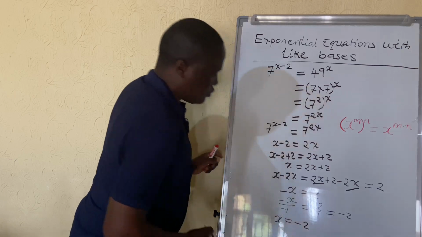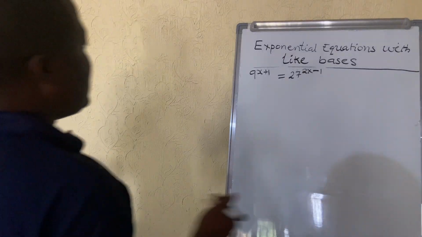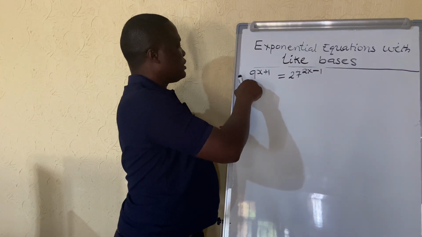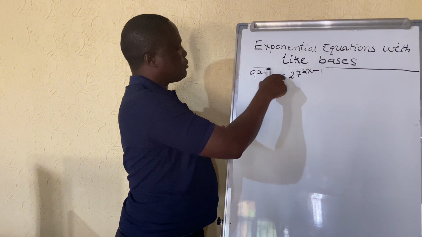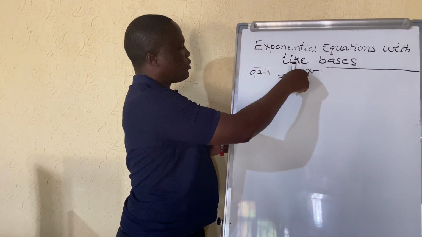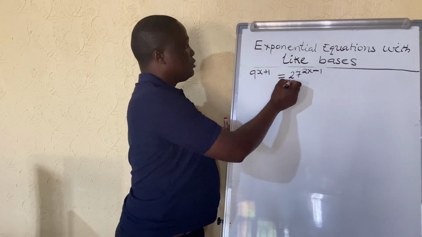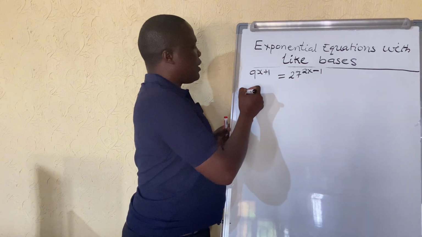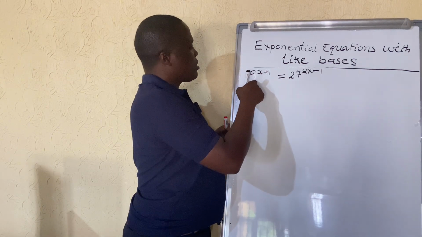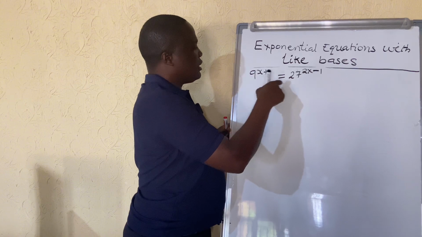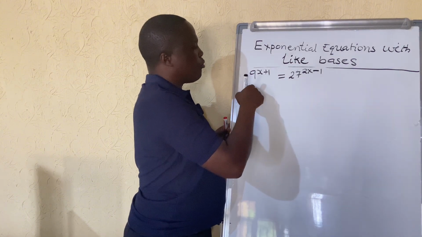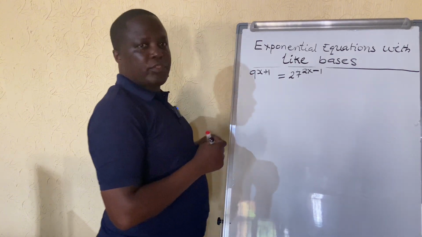The next problem we have here is 9 raised to the power x plus 1 equals 27 raised to the power 2x minus 1. Now, 27 is not a power of 9, but 9 and 27 are both powers of 3.